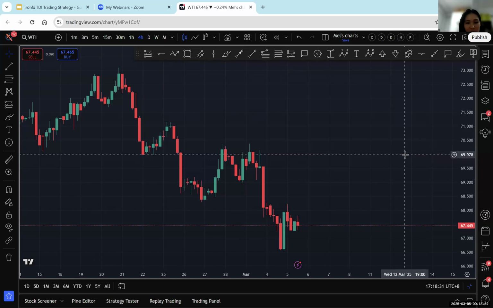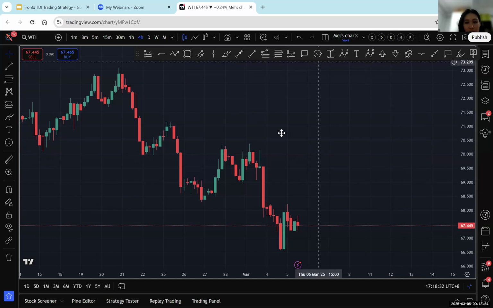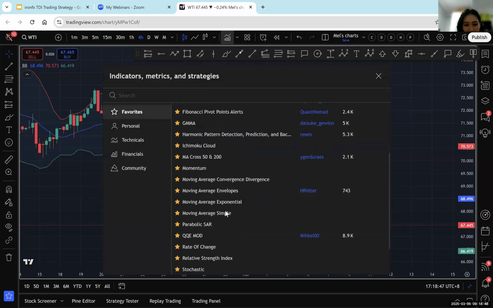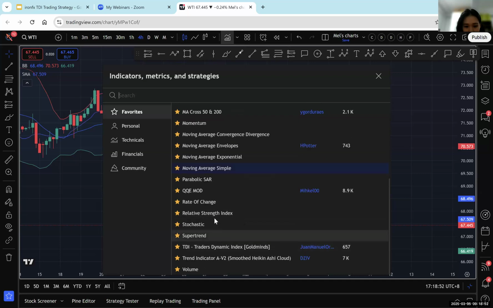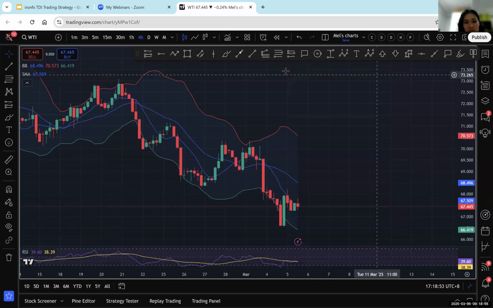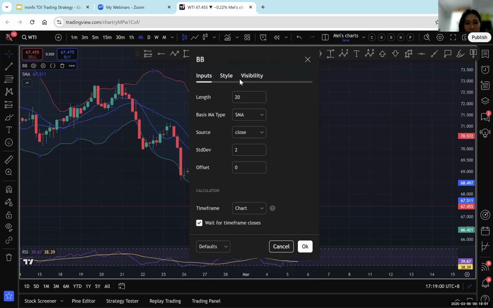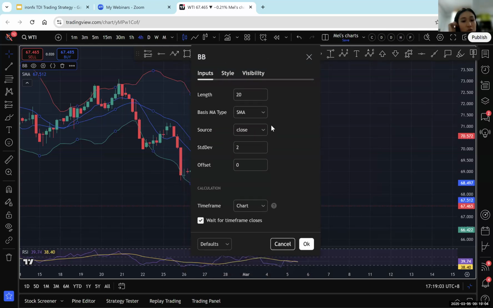Bollinger Band is 20 period with a standard deviation of 2. Let me check. Okay, yeah, so 20 with a standard deviation of 2.